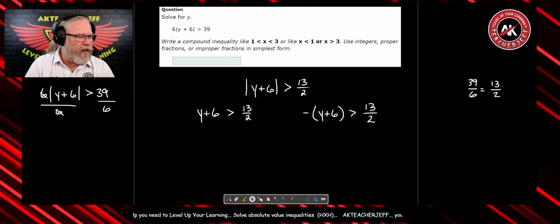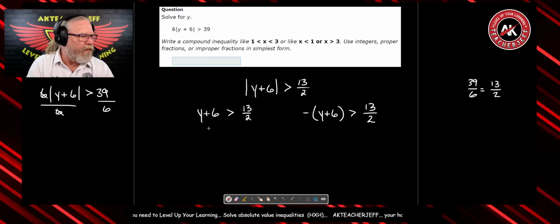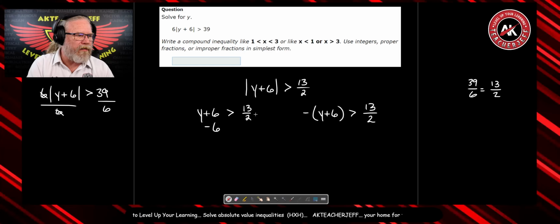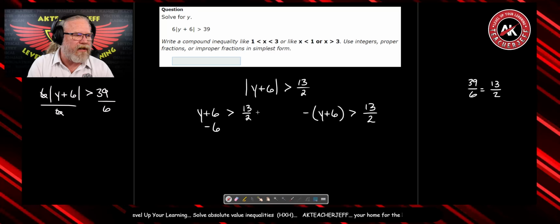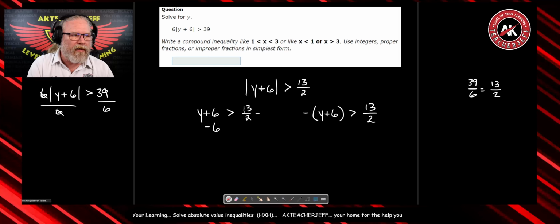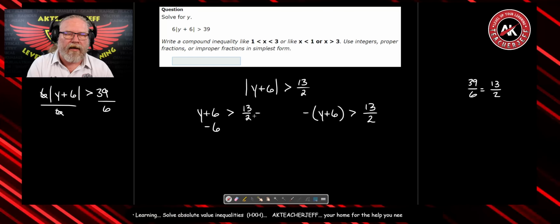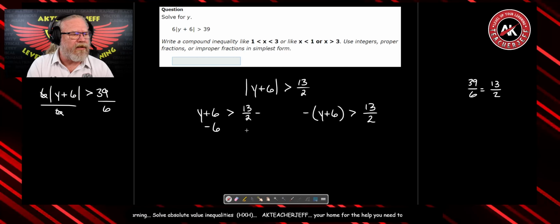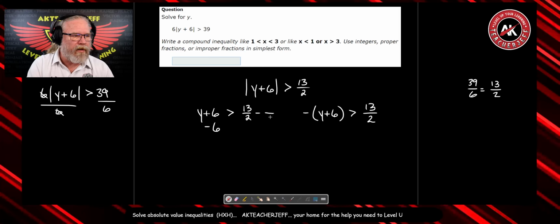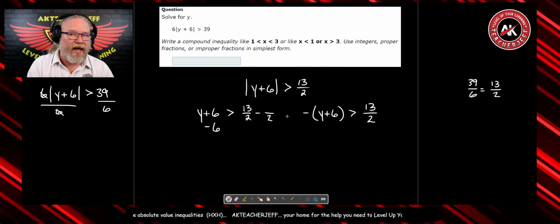So on the left one here, let's go ahead and subtract 6, and what we do to one side we need to do to the other. But this is a little different. I need to subtract 6, but it's a fraction, so I'm going to put it horizontally instead of stacking it. I want to write 6 in such a way that the denominator has a 2.